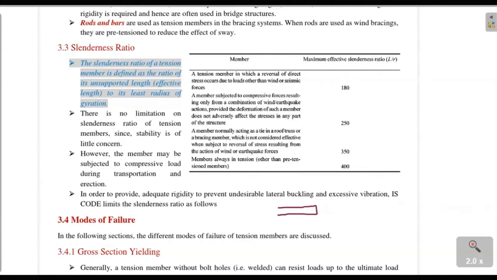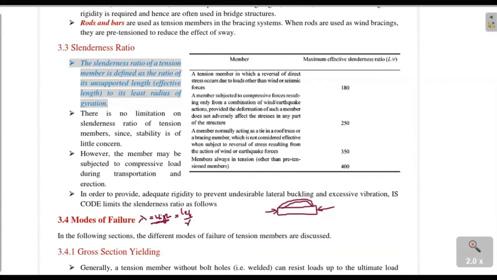This is the member and this is a slender member. Lambda is high, when L effective by r is high. So what happens? When compressive force is acting, this member is going to buckle. It is going to deflect laterally.